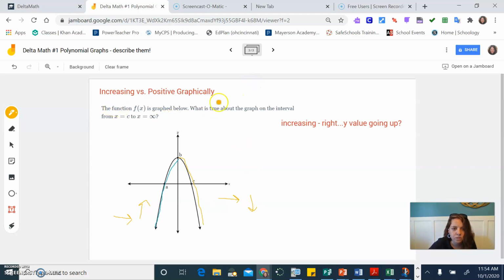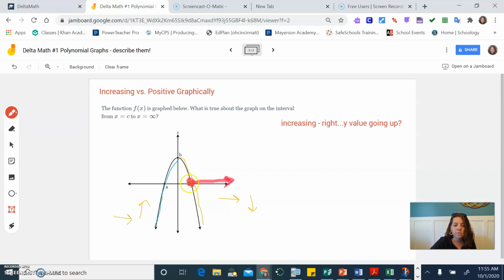So now I got to read this question. The function is graphed below. What is true about the graph on the interval from x equals c to infinity? Okay, so let's look at where that is. That means on this side of the graph.